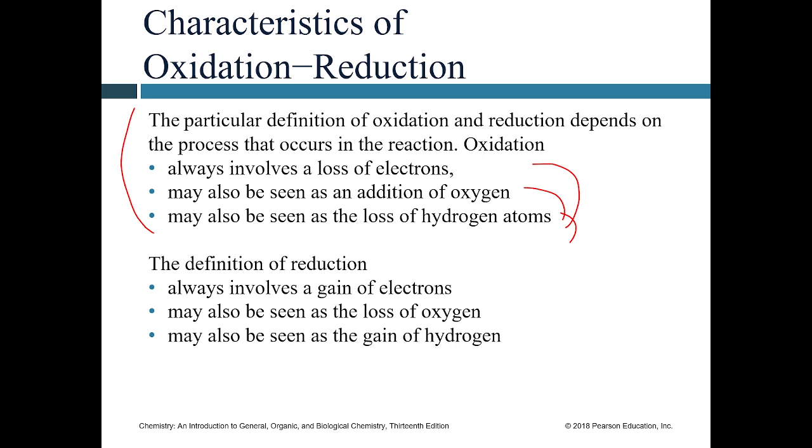The reverse of those trends would be reduction. So loss of oxygens and gaining of hydrogens are typically hallmarks of reduction when we're looking in biological processes. The correct definition of it, though, is gaining electrons, right?